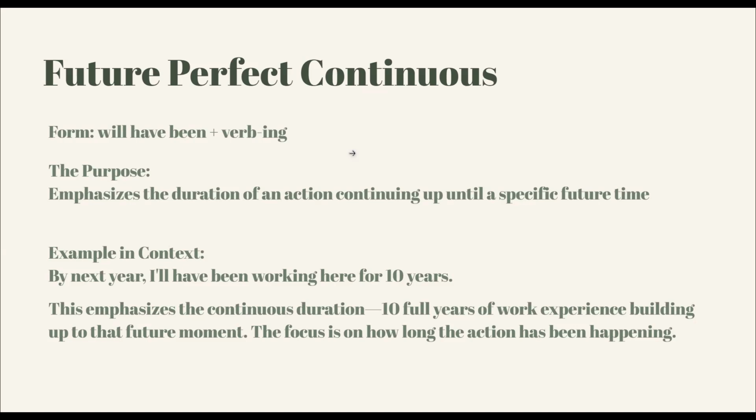And for us to emphasize the time, we say since morning. When we put it all together, they will have been studying since morning. And it's a future perfect continuous sentence.